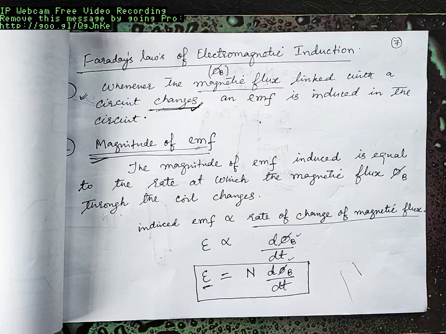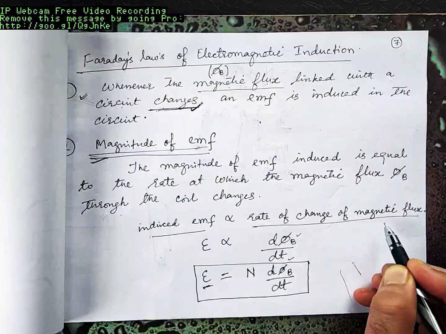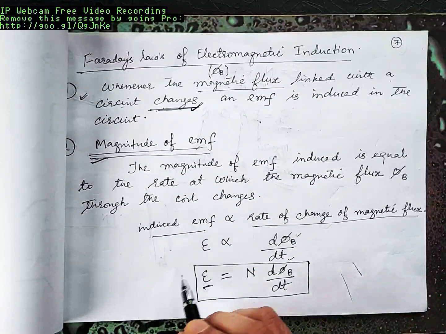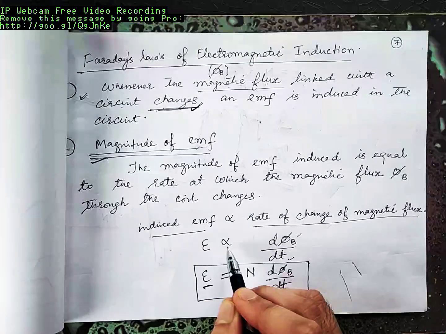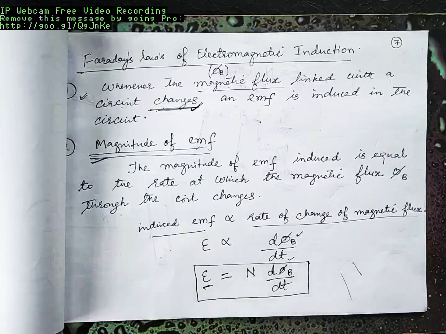The second law of electromagnetic induction tells us about the magnitude of the EMF induced in the coil. We discussed in the last class that induced EMF is directly proportional to the rate of change of magnetic flux, or E is directly proportional to d phi by dt, where phi B is magnetic flux.